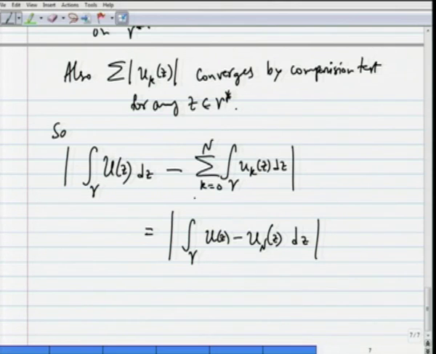You can exchange the integration and summation here, because you have a finite sum, k equals 0 through n.